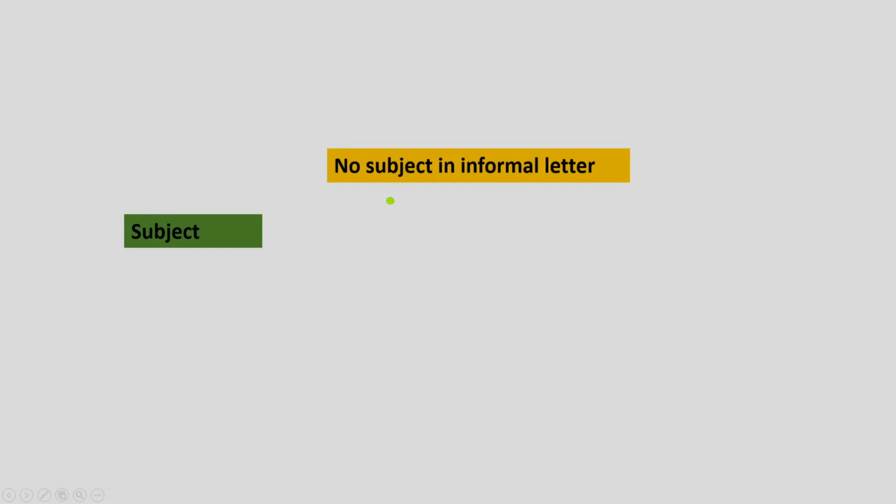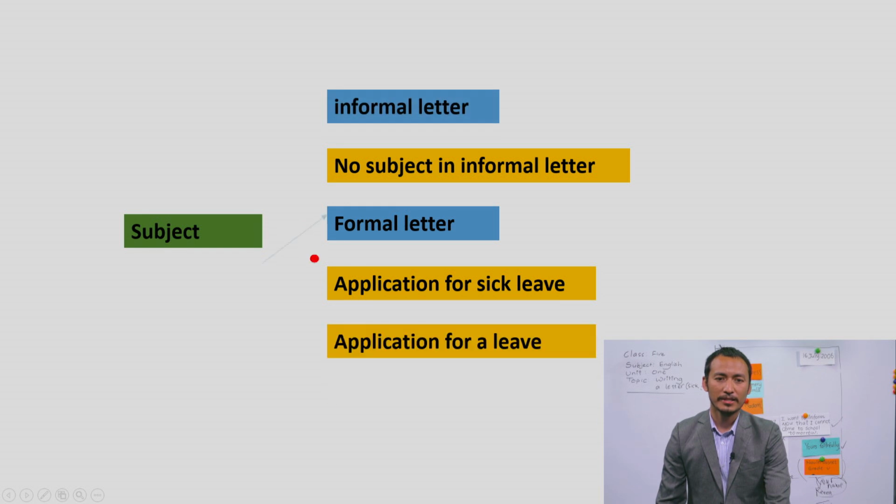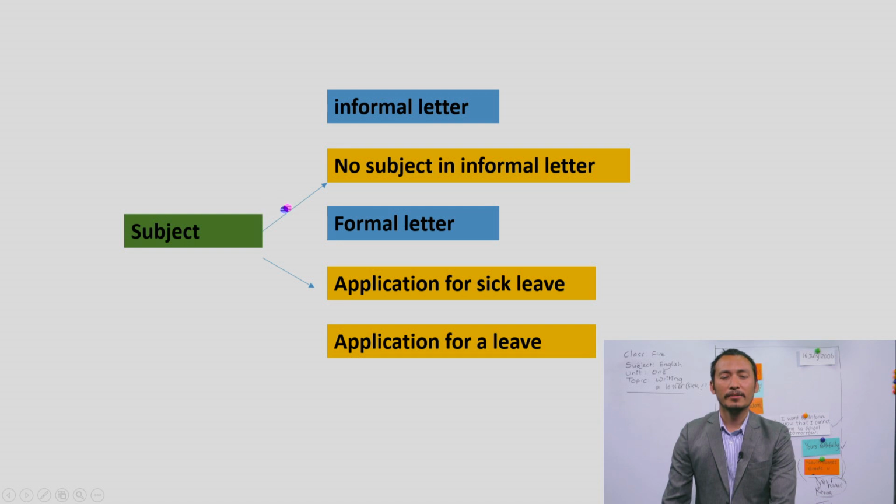Let's see the other part, subject. You just skip the subject for an informal letter, and for a formal letter you can write an application for sick leave. For your informal letter you don't write it. Are you getting me?